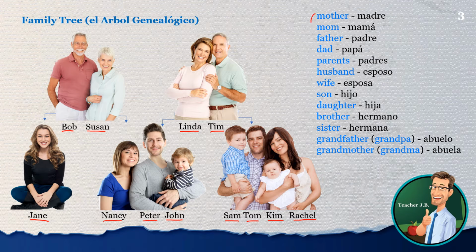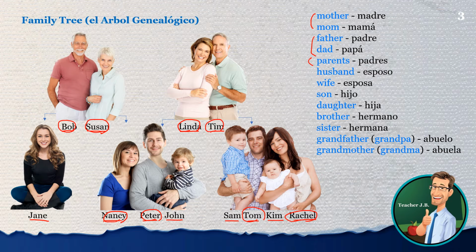Mother or mom. Susan is a mother and Linda is a mother. Nancy is a mother and Rachel, she is a mother too. Father or dad. Bob is a father and Tim is a father. Peter is a father and Tom is a father.